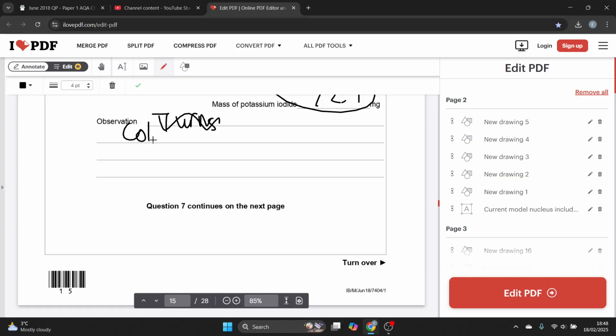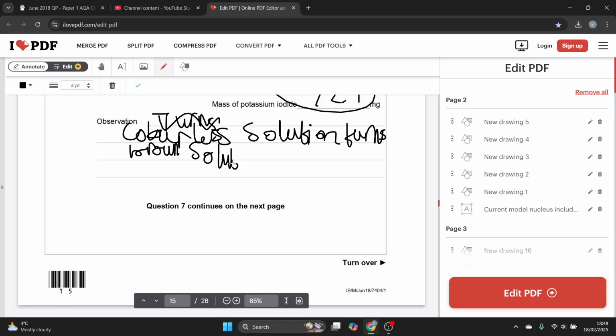Let's say colorless solution turns brown.